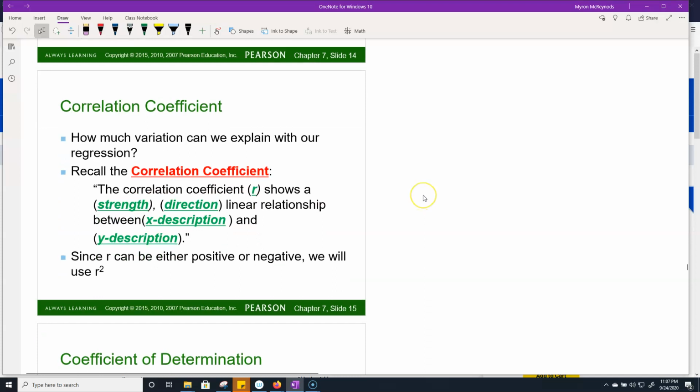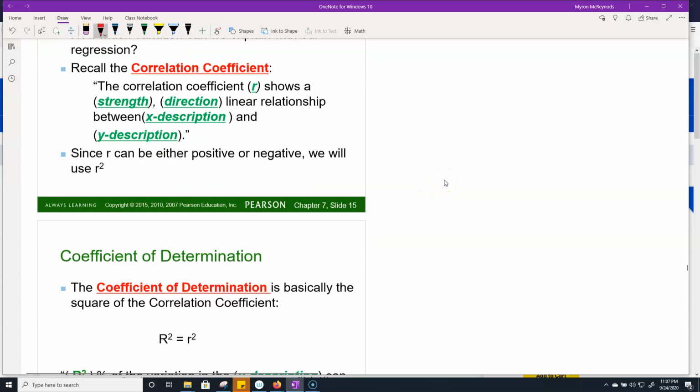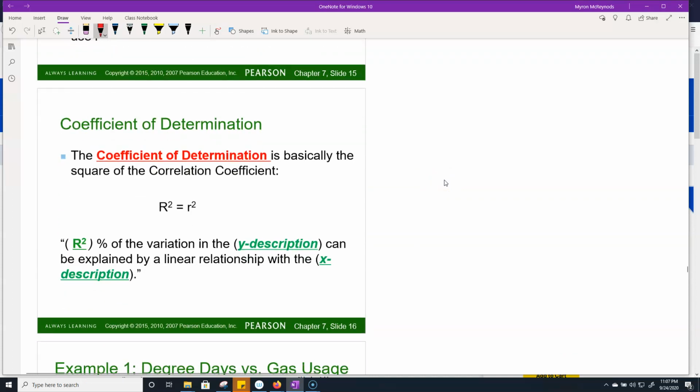So remember the correlation coefficient, that R shows the relationship, it'll show like a strong positive relationship between the two variables. Since R can be either positive or negative, they use R squared a lot in statistics, and they call it the coefficient of determination. It's basically the square of the correlation.